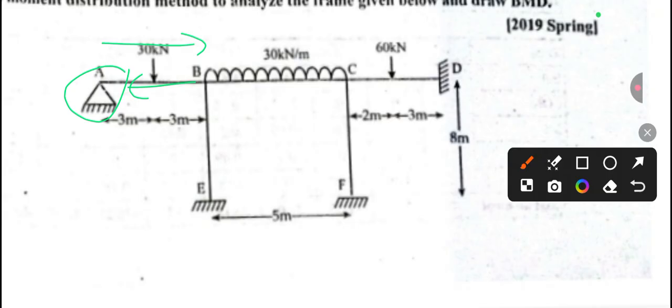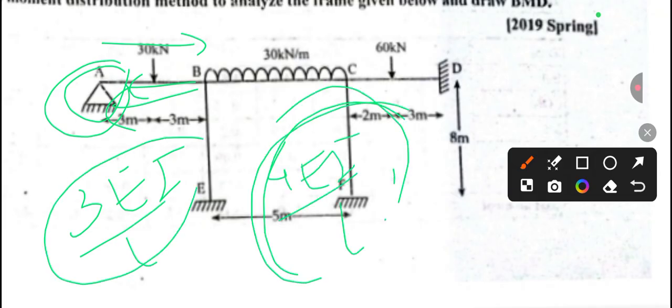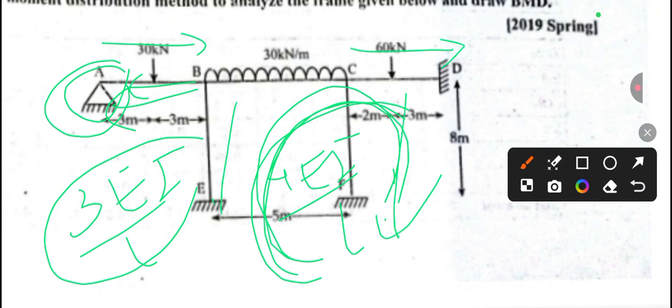But now we are going to determine for the intermediate, means B to A. It means this hinge support is at the end point. So at the end point, whenever the support is hinge, then we have to use the formula 3EI by L, and in all the remaining cases we have to apply 4EI by L. Only this much changes. We use 4EI by L for all from here to here, from here to here, because this is fixed, this is intermediate.